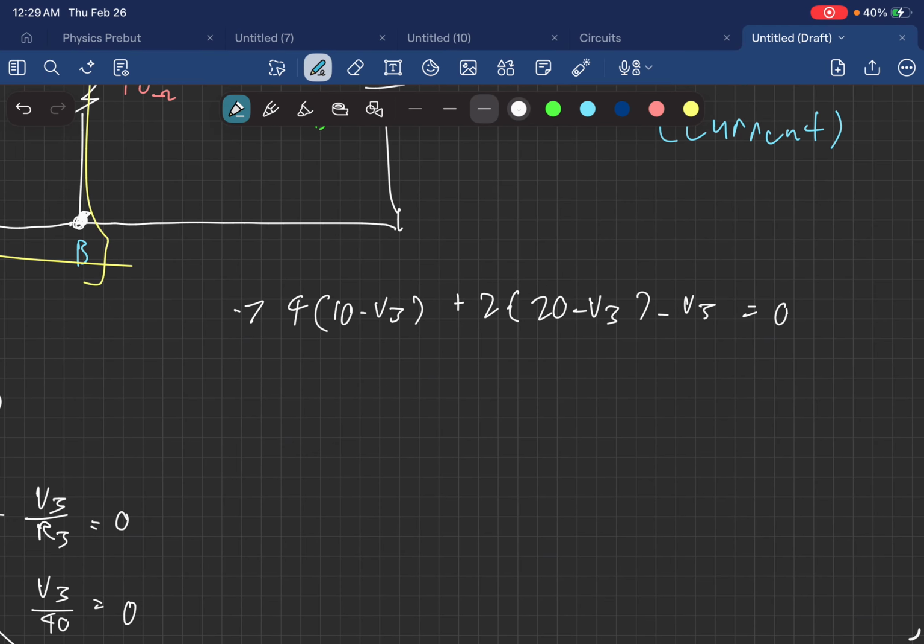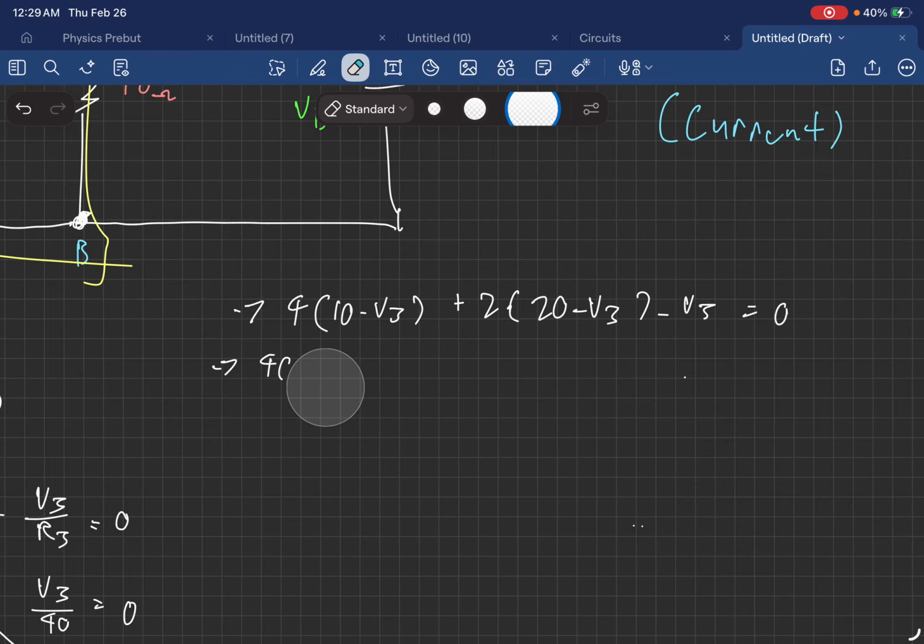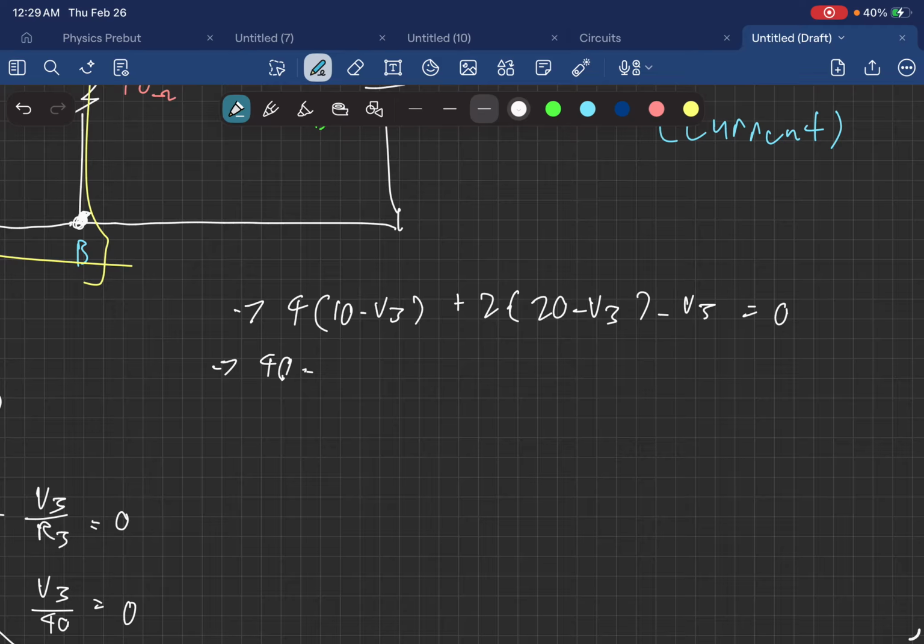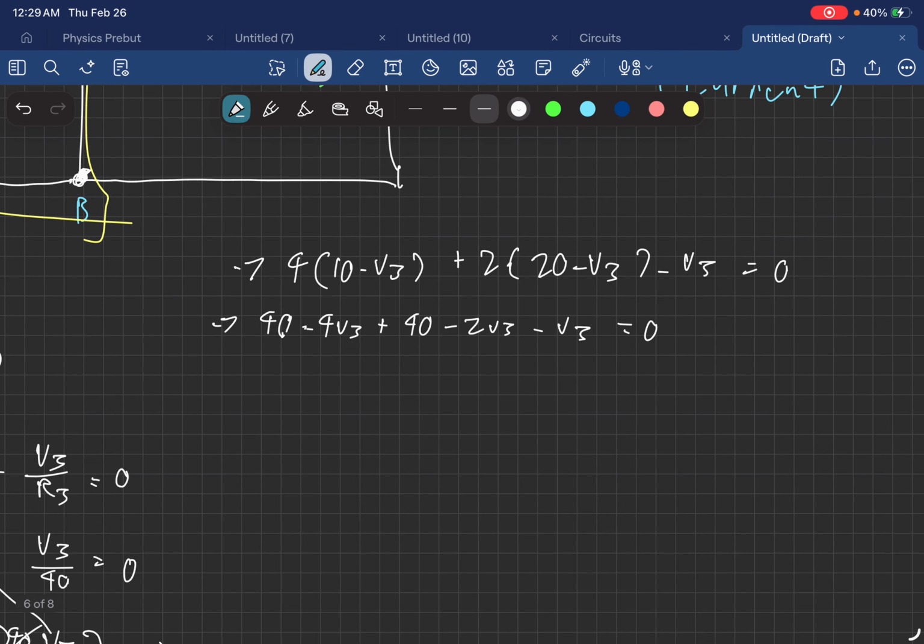And this is very easy. So we distribute the 4. You get 40 minus 4V3 plus, distributing the 2, 40 minus 2V3 minus V3 equals 0.